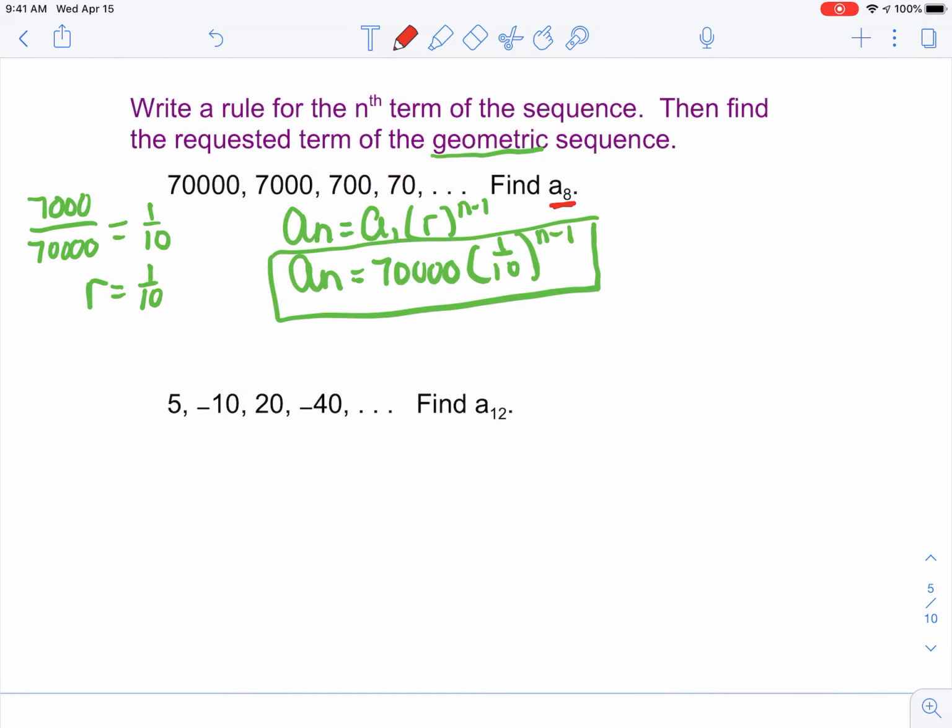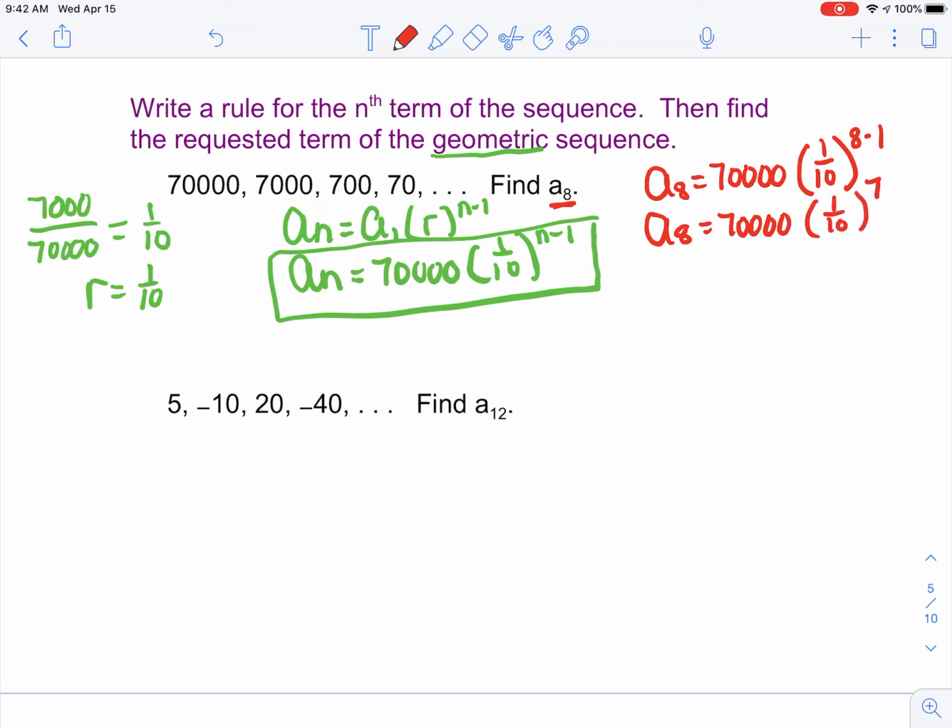Now, let's find our 8th term, because I am looking for this. A sub 8 equals 70,000 times 1/10 to the 8 minus 1. So on a scientific calculator, you're going to put in 70,000 times 1/10 to the 7th power.